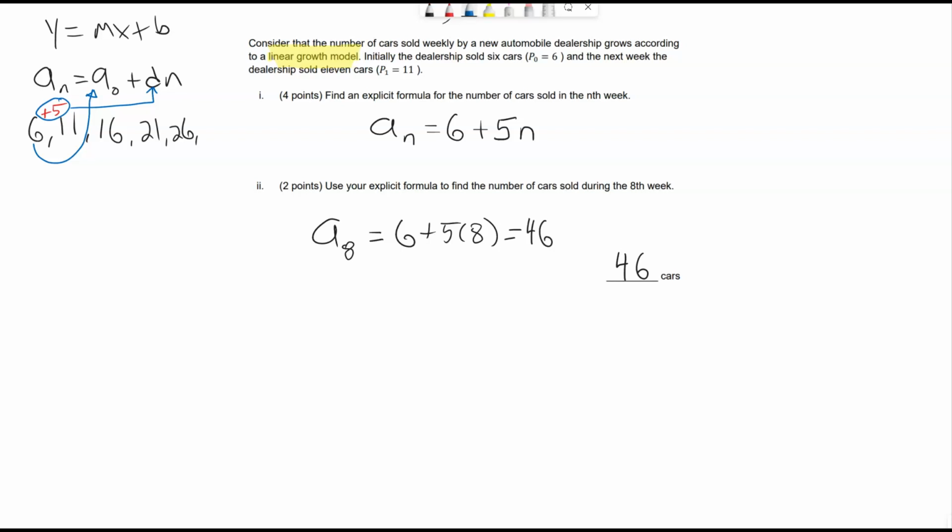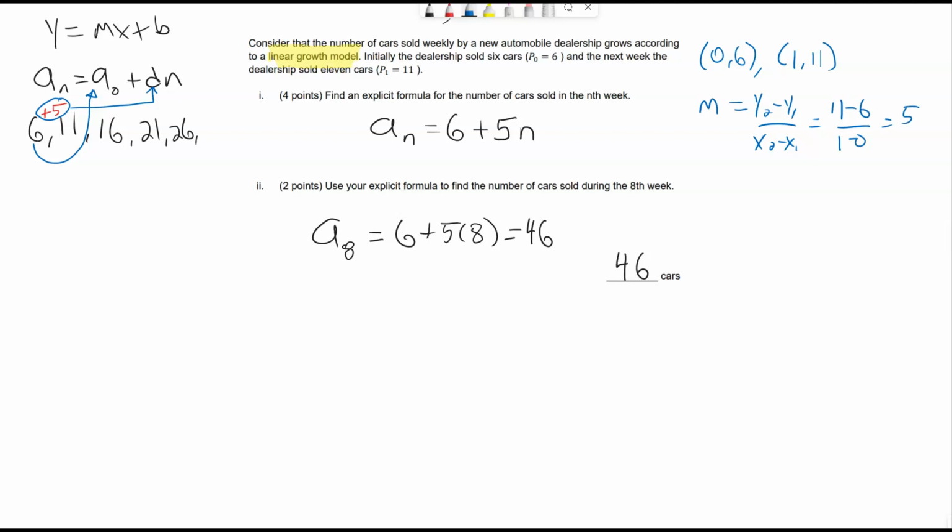Other things you might see here. The P sub 0, 6, you can think of that as a point, 0, 6. And the next week, P sub 1, 11. And then you could work out the slope with your slope formula from algebra, if you know this. That'd be 11 minus 6 over 1 minus 0.